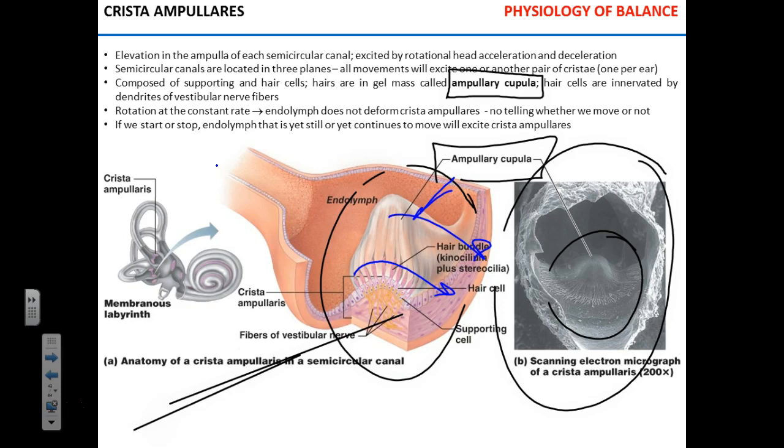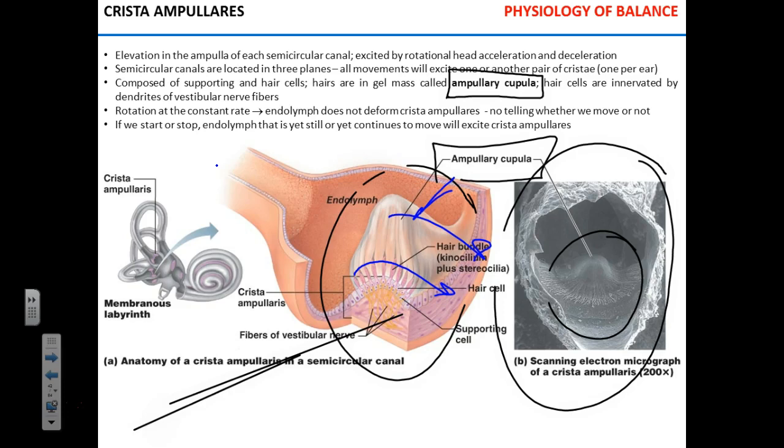Now, since we have three semicircular canals, you can see that these canals are located in three planes. Okay? Lateral, anterior, and posterior. Does that make sense? Three planes.